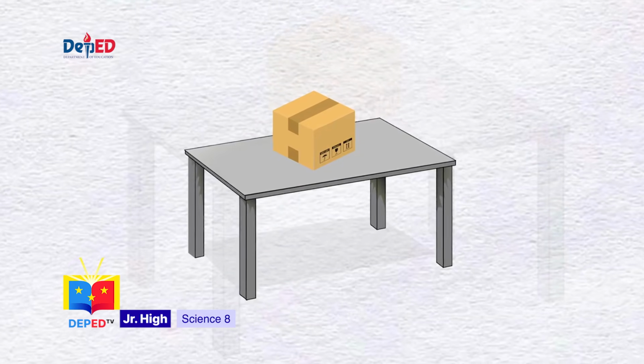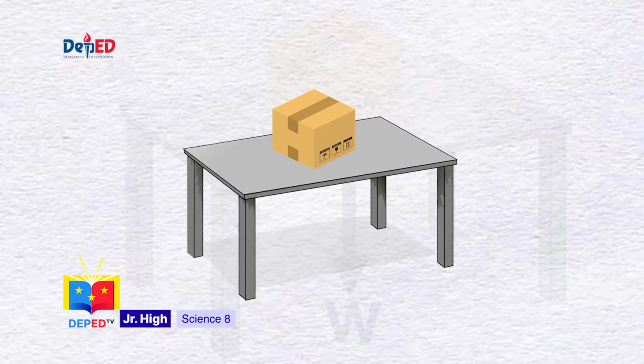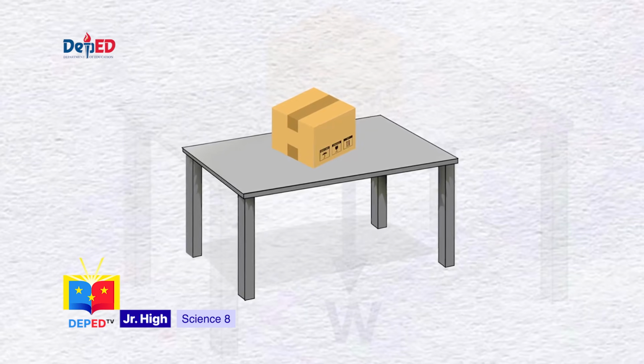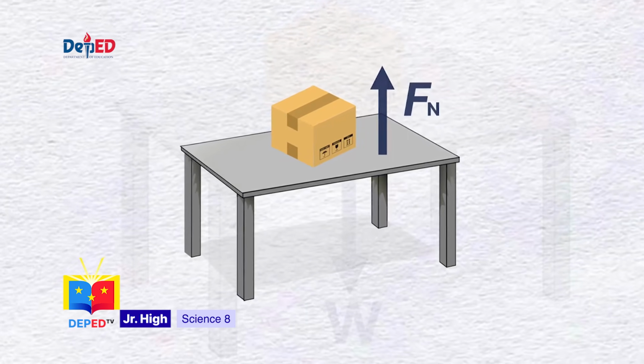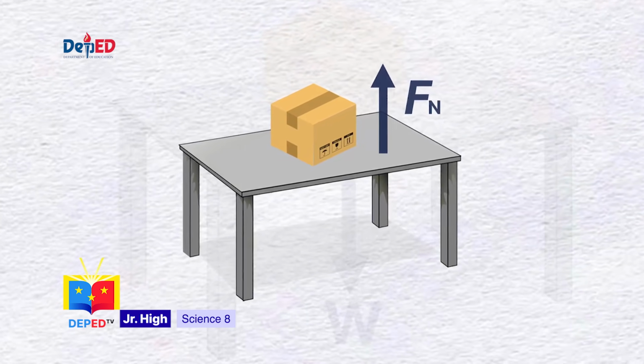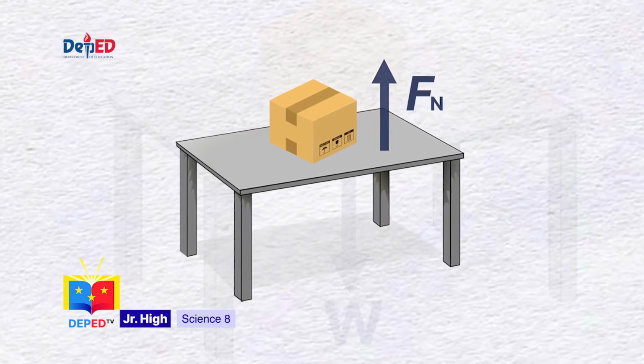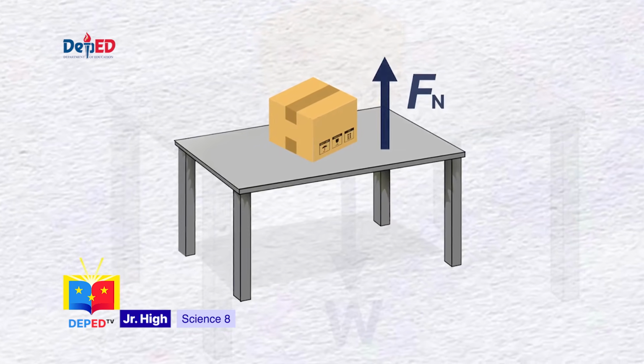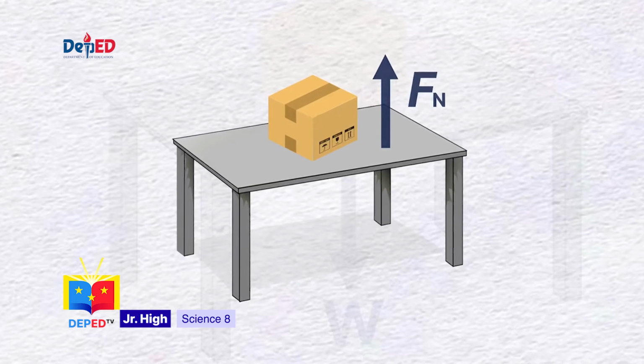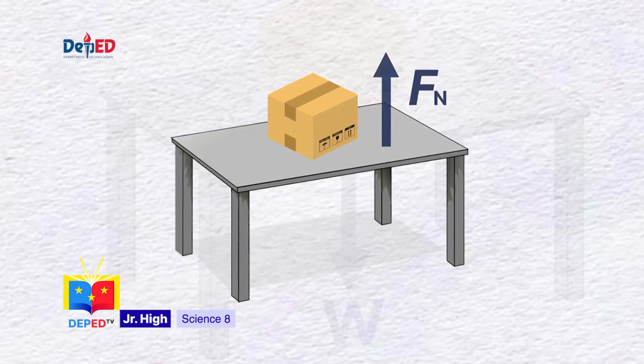To understand it better, let's get back to our example on normal force. We said that the normal force is the force that acts perpendicular to the surface which an object is in contact with. The normal force has an upward pulling effect to the object on the surface.